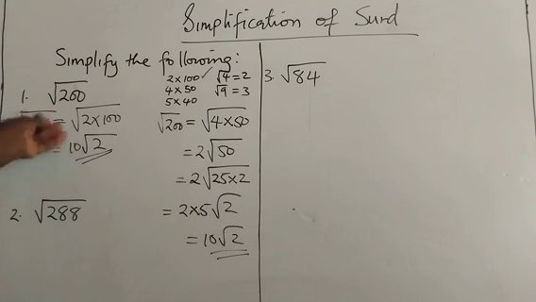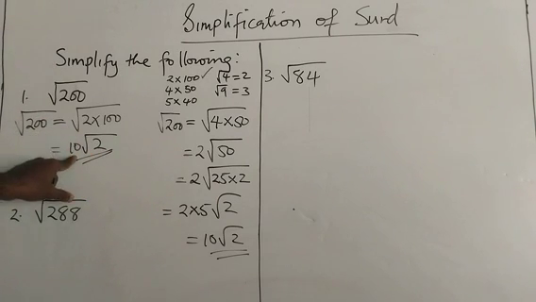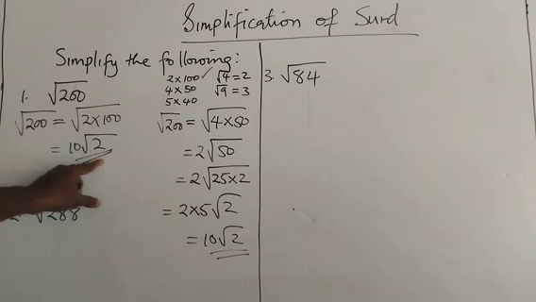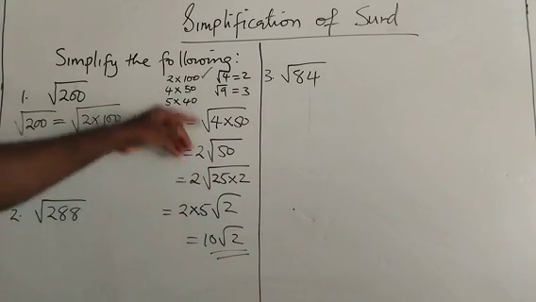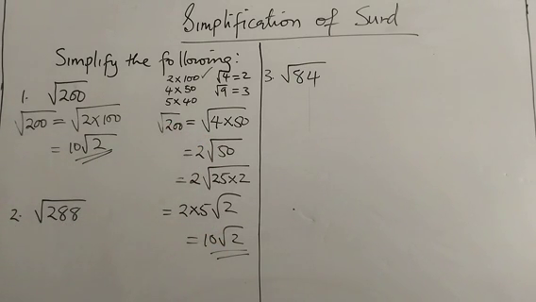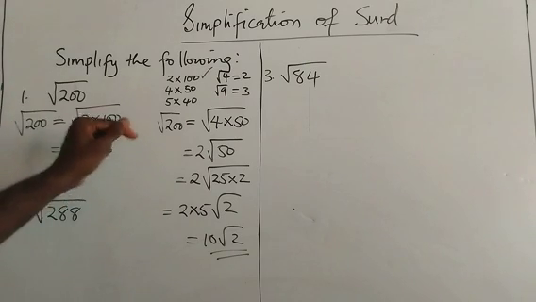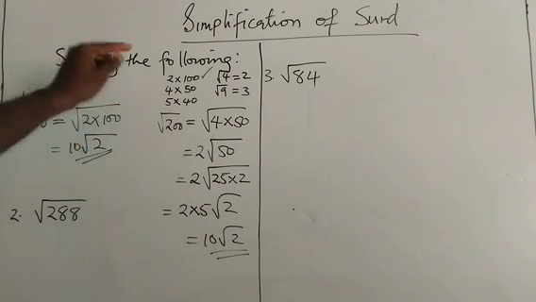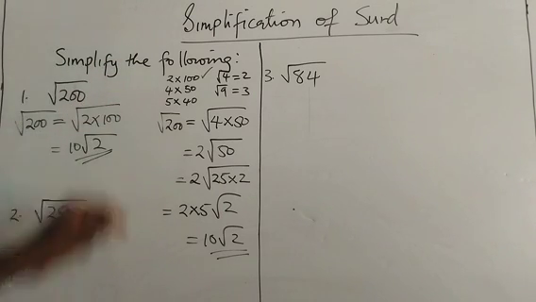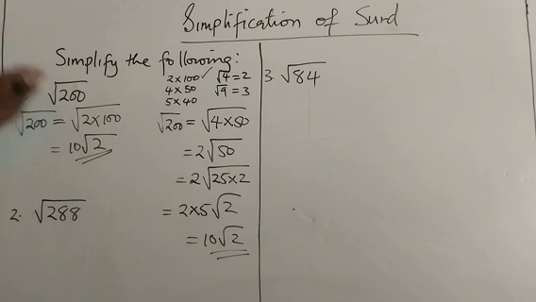If you look at these 2 examples, this one took us just 2 steps to arrive at the final answer. But for this, you need to go down again and again before you could get the final answer. So the best thing is choose a combination that has a perfect square, the highest perfect square possible for that particular surd you want to simplify.